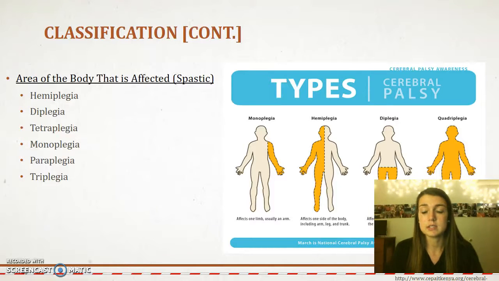Diplegia is where one symmetrical part of the body is impacted, so either both legs or both arms. Tetraplegia is where all 4 limbs are impacted, but 3 are impacted more than the other one. Monoplegia is just one limb that's impacted. Paraplegia is the lower half of the body, so these individuals are typically non-ambulatory or they don't walk. Triplegia is where 3 limbs are impacted, and then quadriplegia is where all 4 limbs are impacted.